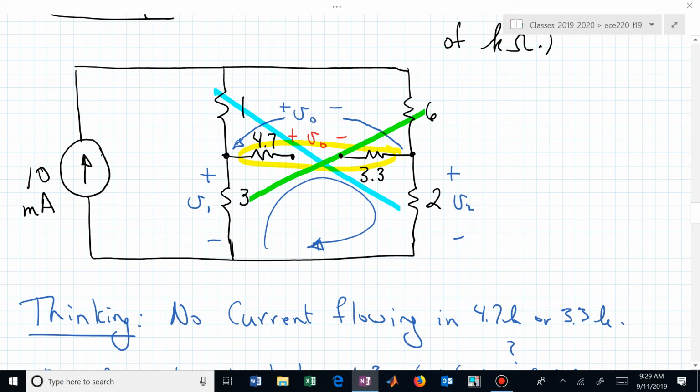Those two disconnected resistors you can just forget. Just throw them away and say, okay, now I have, what do we have? Well, I have a 1 and a 3K in series. And I have a 6 and a 2 in series, and those combinations are actually in parallel. I have a current divider.